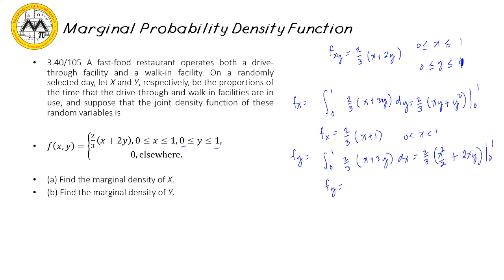So f sub y is 2 over 3 times (1/2 plus 2y). Let's simplify this as 1/3 of (1 plus 4y), where y is from 0 to 1.